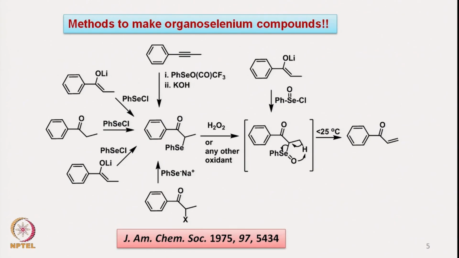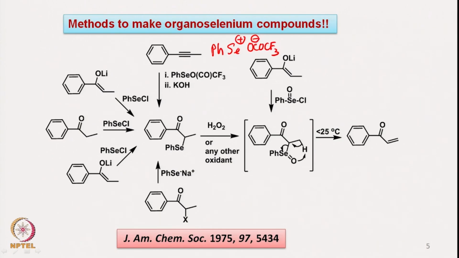Now, what are the ways to make organoselenium compounds? One is of course as shown here, that one can take an acetylene, for example phenyl methyl acetylene, and if one uses phenylseleno trifluoroacetate, then what you have is a source of PhSe plus, and of course you have OCOCF3 minus as a leaving group.